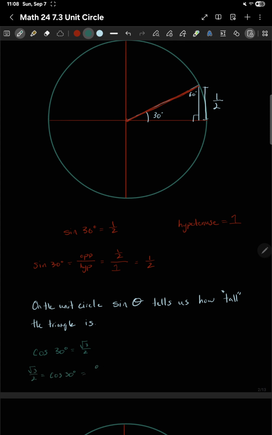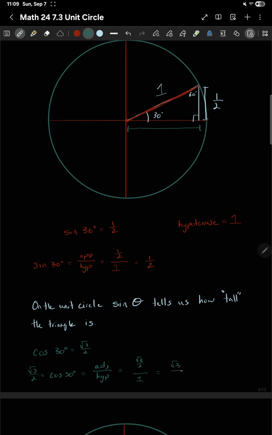But we know that is equal to the adjacent side over the hypotenuse. And remember, the adjacent side is the side that's next to the 30 degrees, but not the hypotenuse. And we know this is 1 because we're on the unit circle. So really we're talking about this side of the triangle. This is the adjacent side. And since the hypotenuse is equal to 1, that must mean the adjacent side is the square root of 3 over 2 for these two values to equal each other.